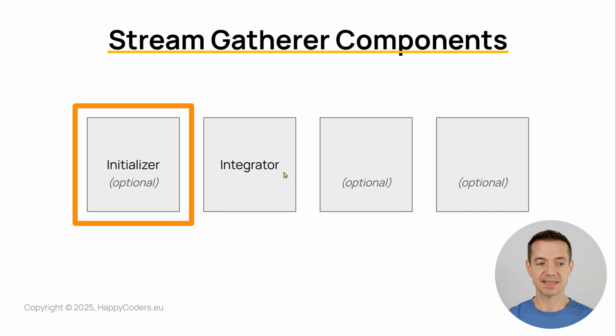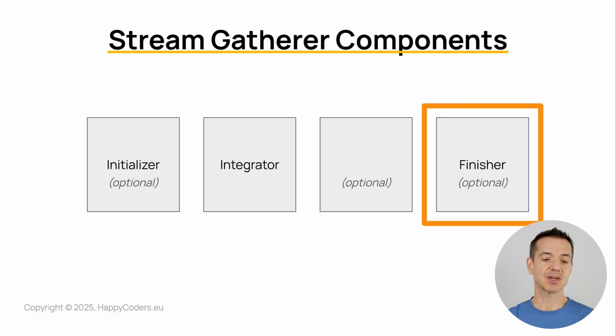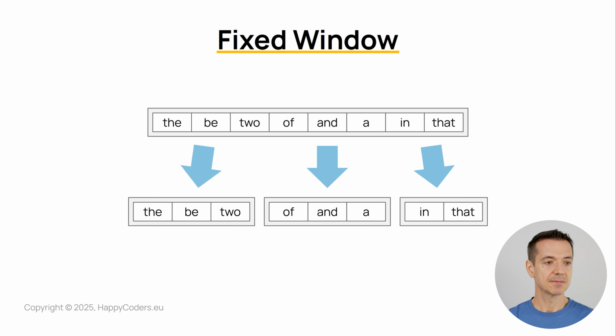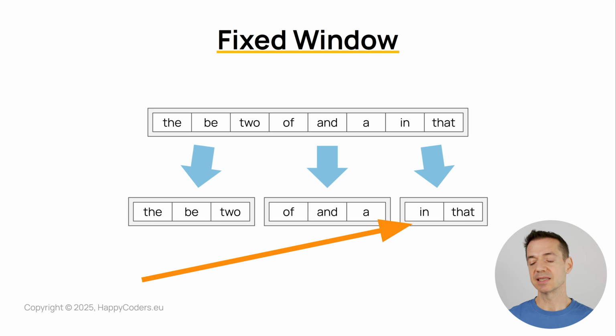That was the initializer. The third component I'd like to show you is the finisher. And we need that, for example, to implement the fixed window operation I showed you earlier. As a reminder, fixed window groups the elements of the stream into several sublists of a given size, here 3, where the third list only contains 2 elements, since the stream has a total of 8 elements, which is not evenly divisible by 3.